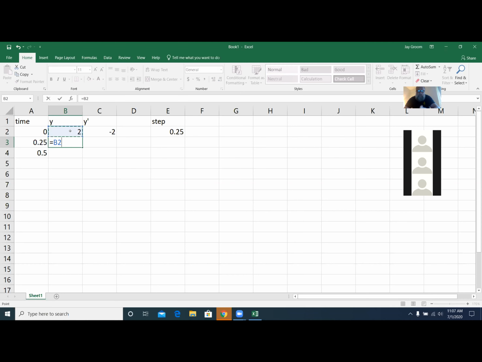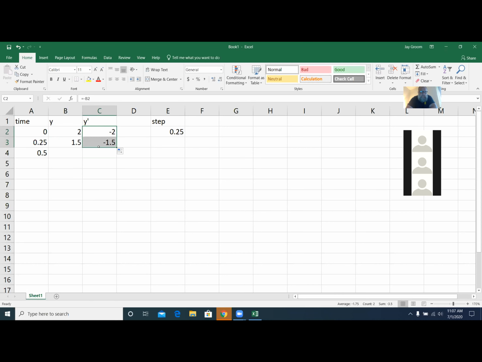I'm going to start with where I was previously, and then I'm going to add my slope times my step size. So right now it's y equals b plus mx. That's how it's always going to be. And then make sure you keep your dollar signs on there, because when I drag it down in a minute, I want it to stay on E2.